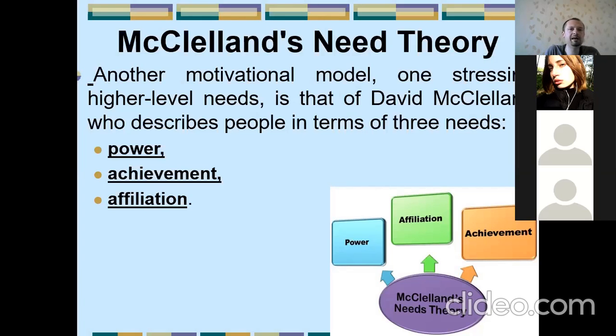We have to analyze only secondary needs. David McClelland also divided all the higher needs into three groups, but he named them a little bit differently compared with Abraham Maslow. He divided all the needs which could be used by managers for motivating subordinates into power needs, achievement needs, and affiliation needs.